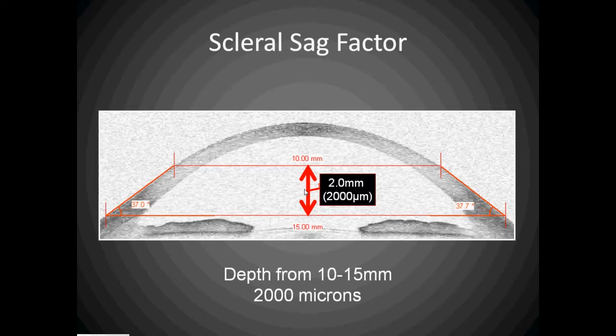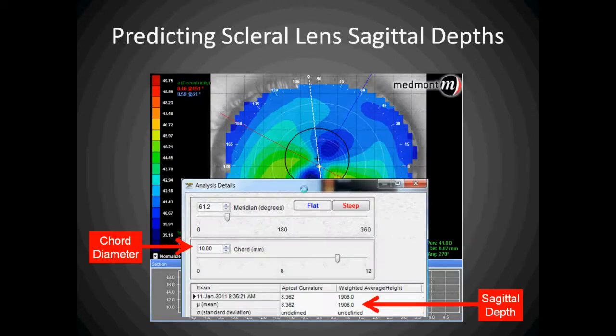And the Medmont will be capable of measuring that sagittal depth. Simply go to your Analysis and Details window, set your chord at 10 millimeters diameter, then measure the weighted average height, the second column, and that will provide you with the sagittal depth of eye.